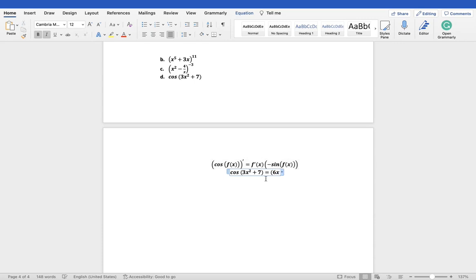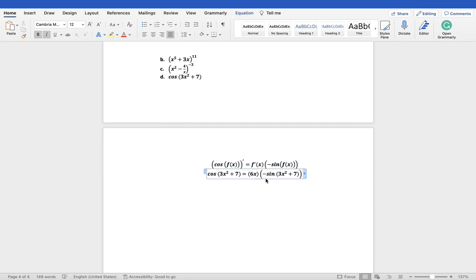Yes. 6x multiplied by minus sine of f of x, which is just minus sine of 3x squared plus 7, right?